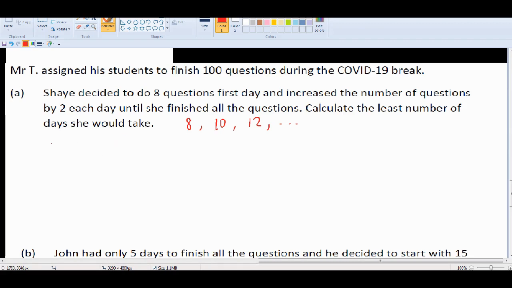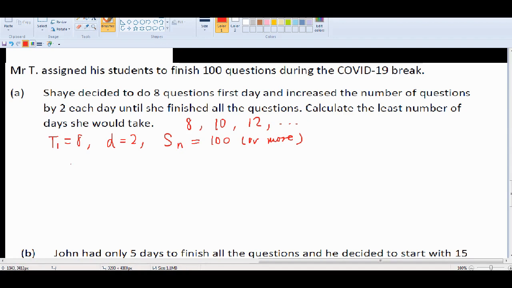So in Shrey's case, T1 is 8, d is 2, and it's not S100, it's Sn, because we're not quite sure how many days she's going to take. It must be 100 or more, because it could be more than 100, right? But we assume it's 100 in the first place.